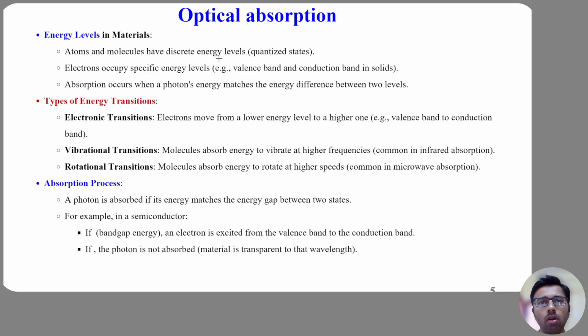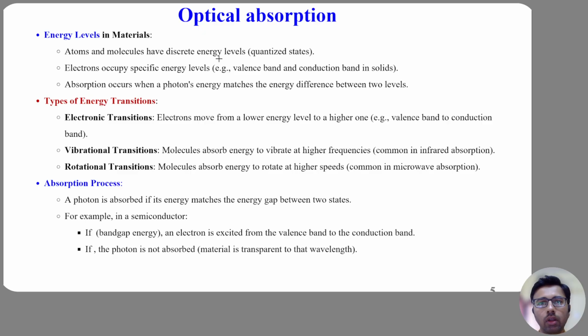They can occupy only allowed energy levels. In solids, electrons occupy energy bands, mainly the valence band and the conduction band. Optical absorption occurs only when photon energy matches the energy difference between two allowed states.